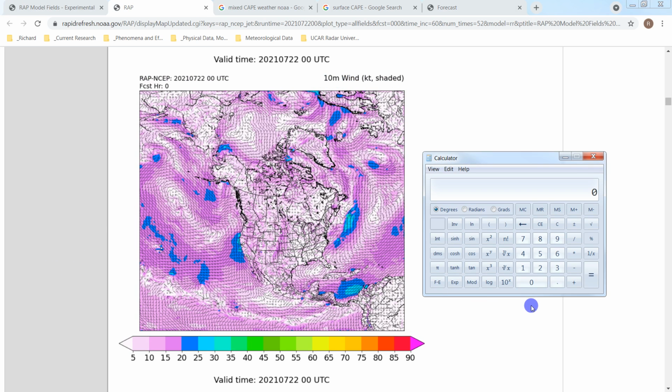Okay, so this is 20 to 25, so 22.5, I guess the midpoint, squared divided by 2 times 1.225 gives about 310 Pascal.